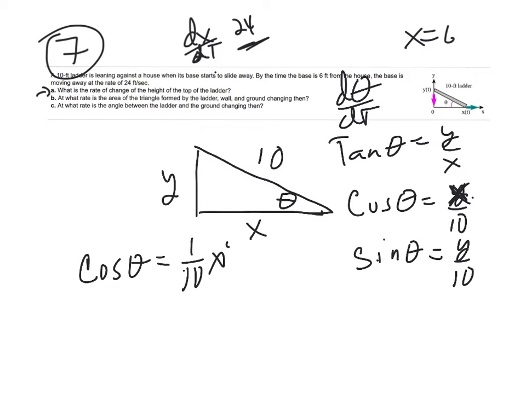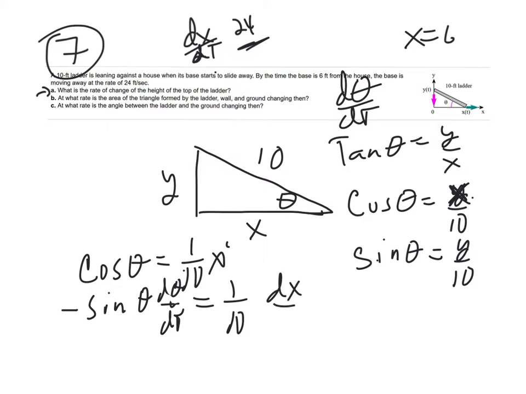So let's go ahead and start doing some derivatives. The derivative of cosine theta with respect to time is negative sine theta dθ/dt. I wrote dy/dt, wouldn't you know it? Equals 1/10 times dx/dt.